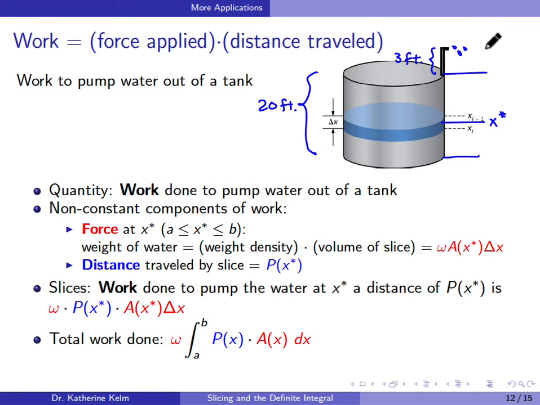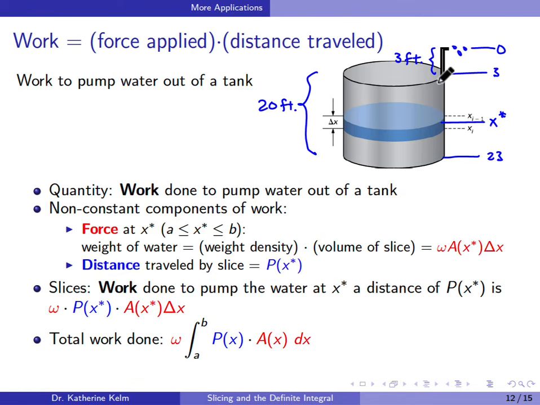Yet another option, we could decide that where the water is going to come out could be 0, and then the top of the tank would be at 3, and then the bottom of the tank would be at 23. These choices will affect how we set up our integral, but the answer should come out the same regardless of what coordinate system we choose.